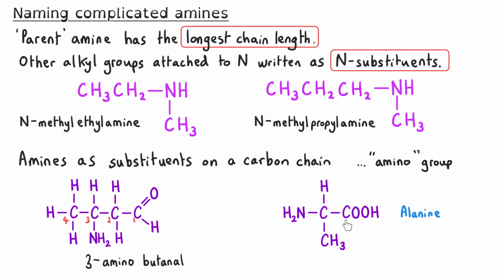The carbon chain length is 3, so it will be propanoic acid. The carboxylic acid group is given position number 1, and the amine group is on the second carbon along, and so this would be 2-amino-propanoic acid, which is what you would need to write if you were asked for the IUPAC name of the molecule rather than being allowed to just call it alanine.